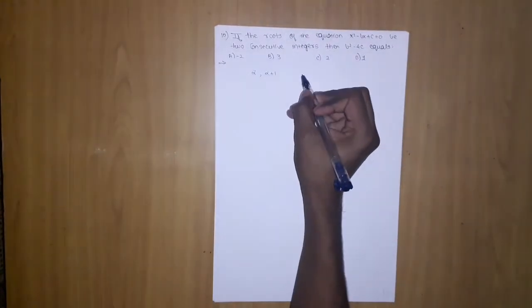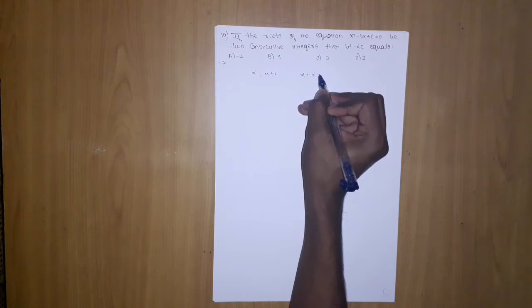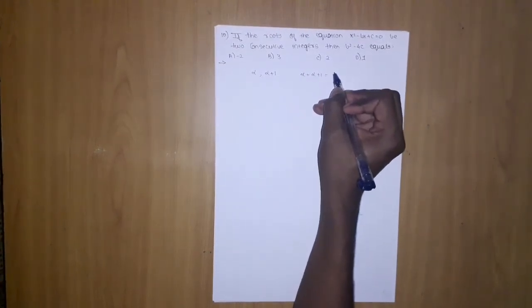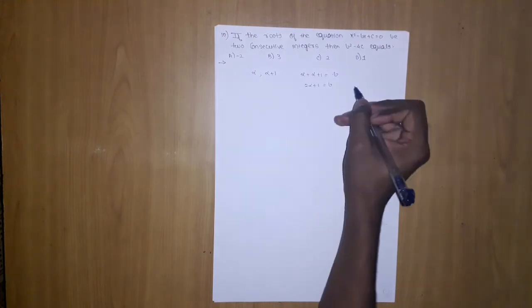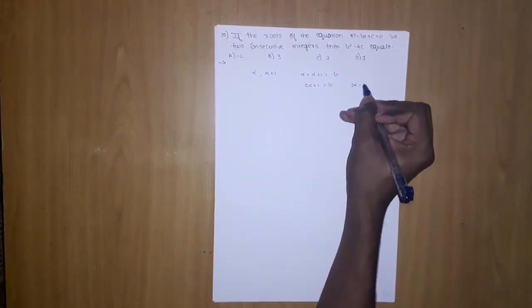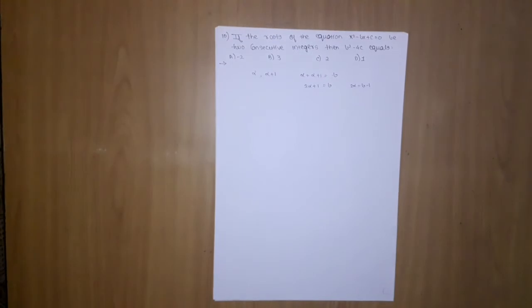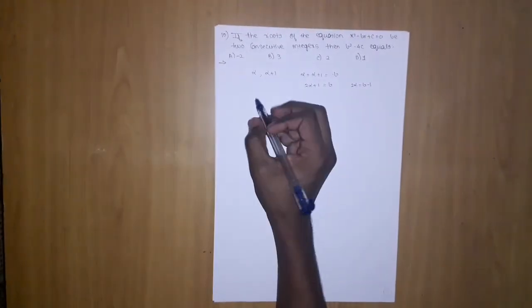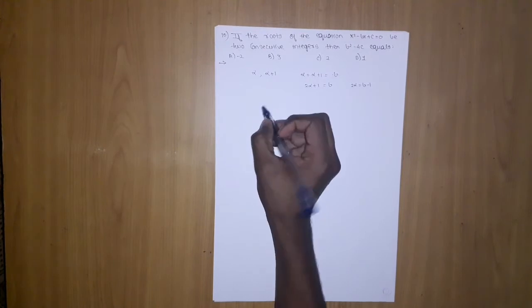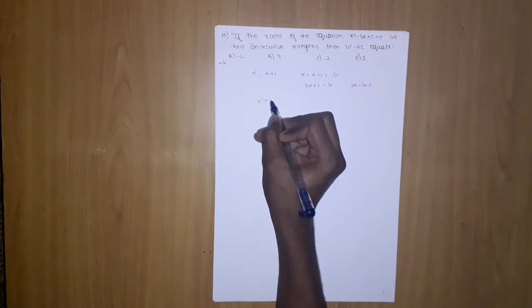Now the sum of the roots, alpha plus alpha plus 1, should be equal to b. Okay, which will be 2 alpha plus 1 equal to b. So we are getting 2 alpha equals b minus 1. Now similarly if we take the product of the roots, the product will be alpha into alpha plus 1.